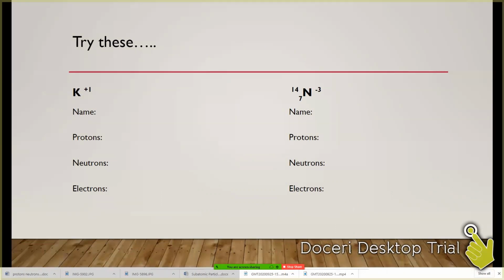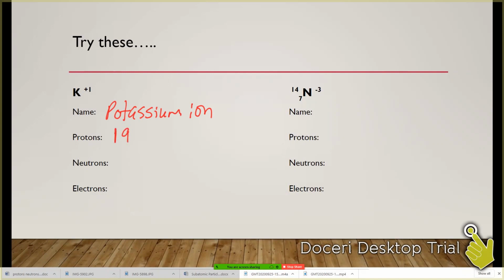So K is potassium, but because it's a +1, it's an ion, so I have to put potassium ion. It still has the same number of protons. That has not changed, so it still has 19 protons. The neutrons are not what's changed.